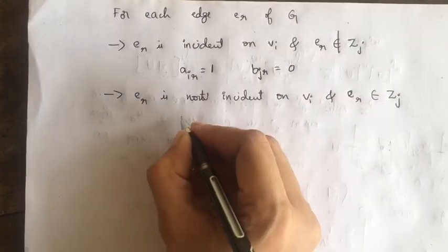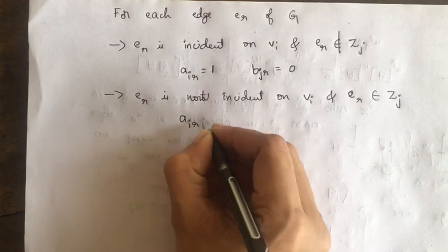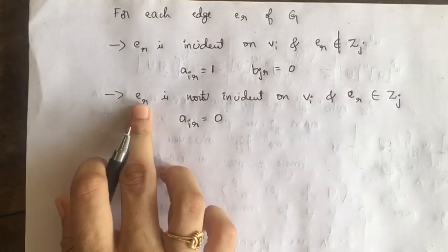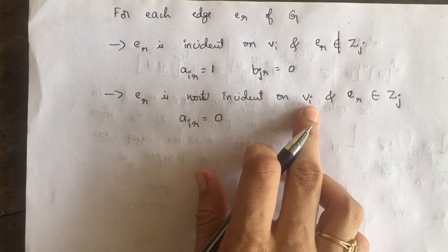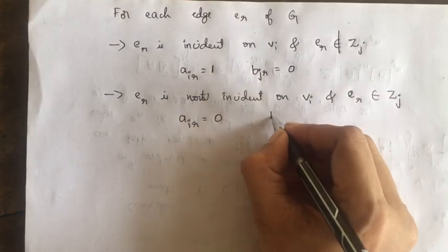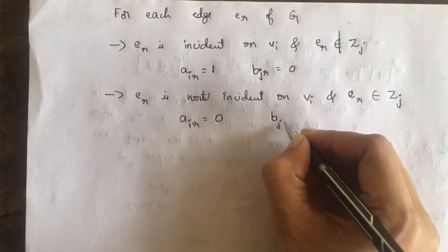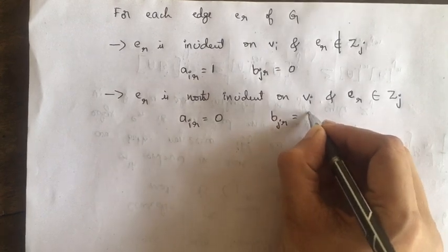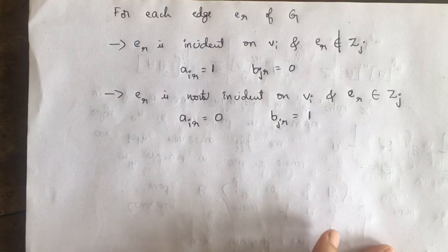In that case, entry AIR will be equal to 0, because this edge is not incident on the vertex Vi, and entry BJR will be equal to 1.